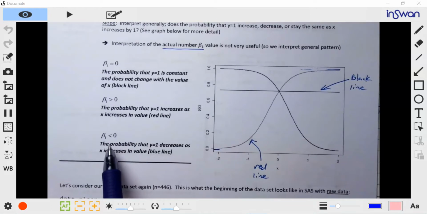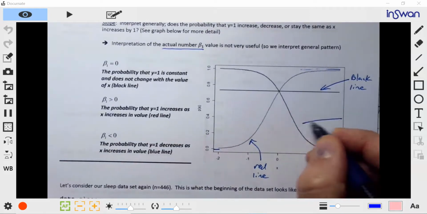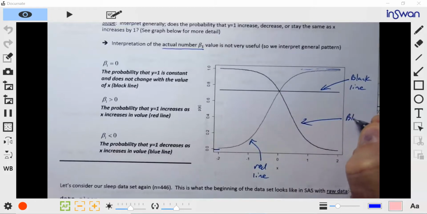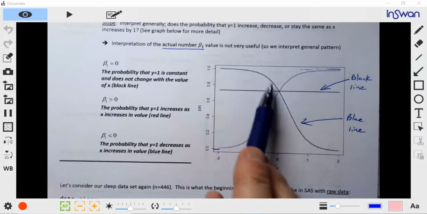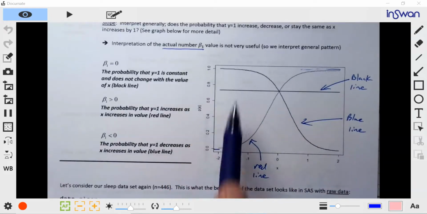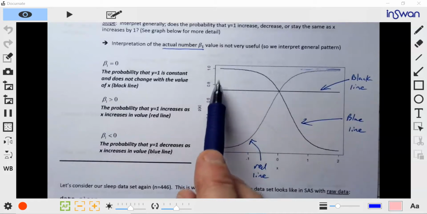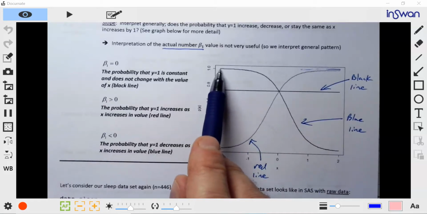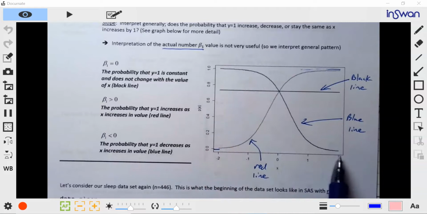If beta 1 is less than 0, so if we have a negative slope, then we have this blue line. And again, it's a backwards S-curve. It starts off at 1 for small values of x, for negative values of x, and it curves down to 0 as x increases.